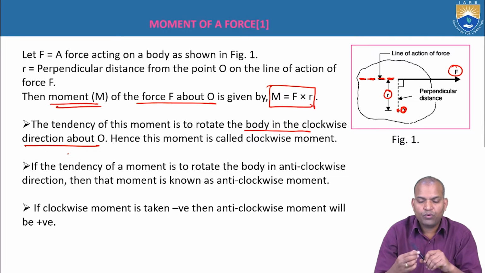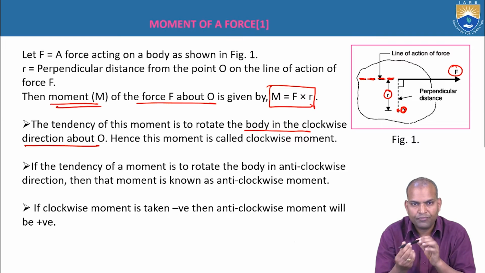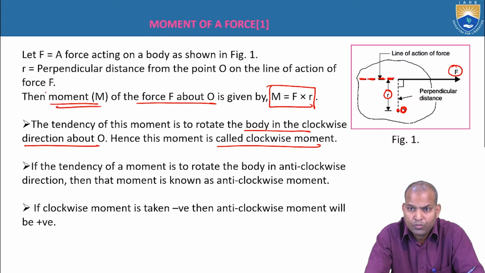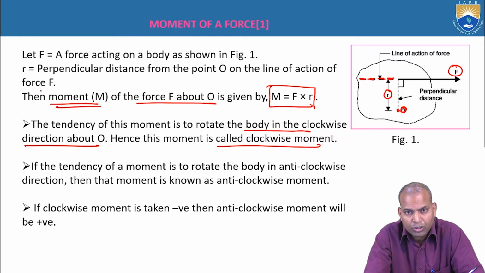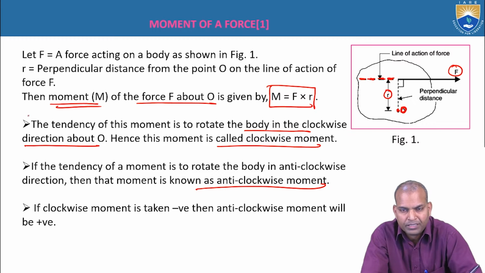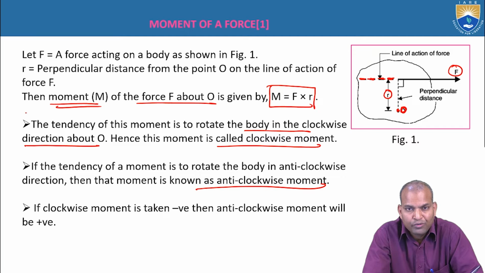If the tendency of the moment is to rotate the body in a clockwise direction, then that moment is known as a clockwise moment. And if the tendency is to rotate the body in a counterclockwise direction, then it is known as an anti-clockwise moment. It is not movement, M-O-V, it is moment, M-O-M-E-N-T, okay?